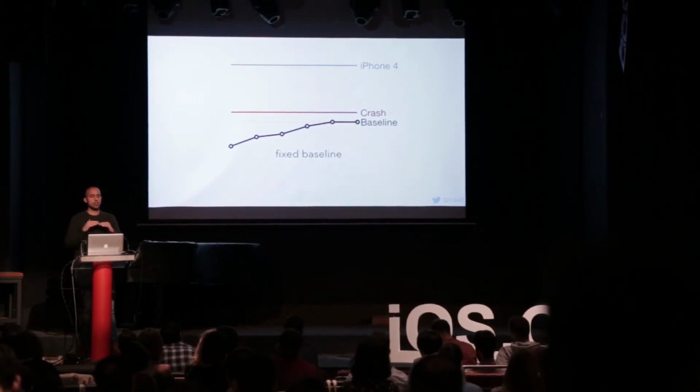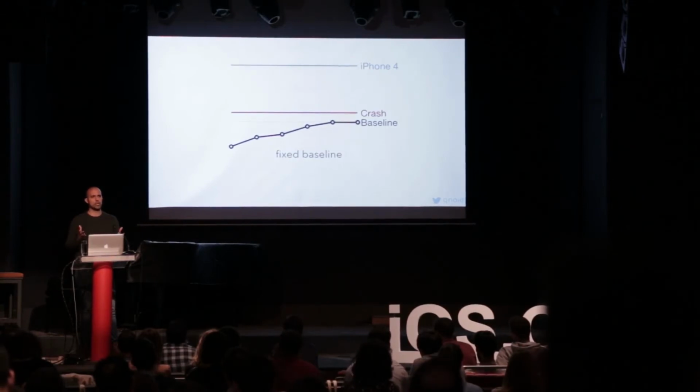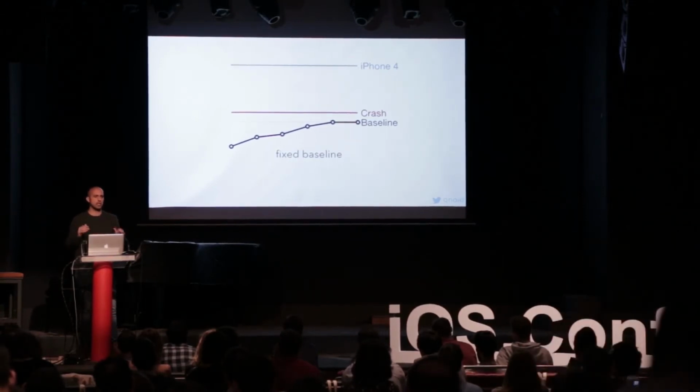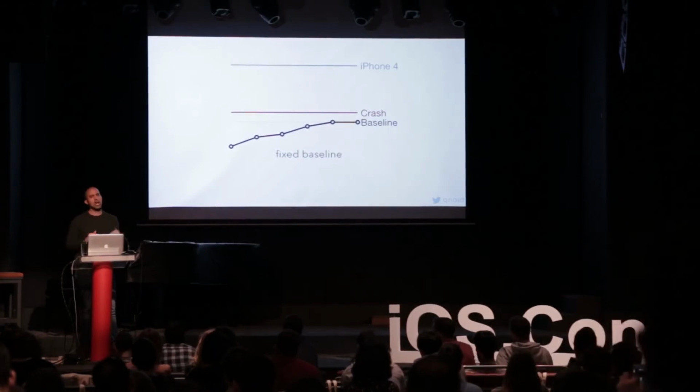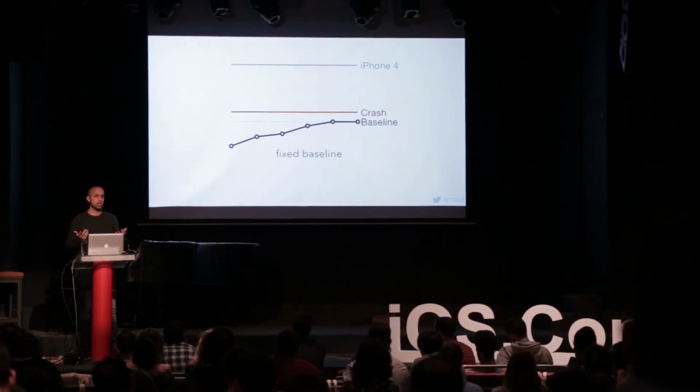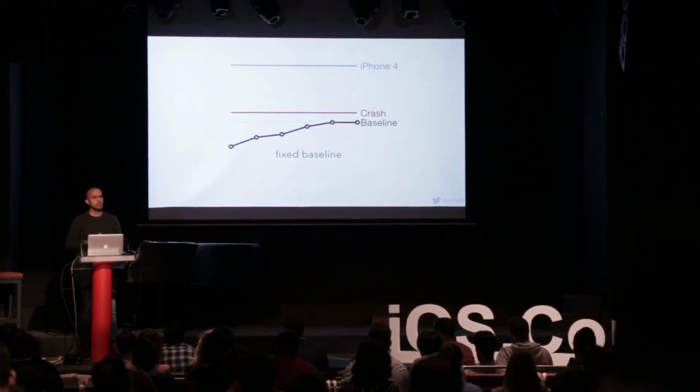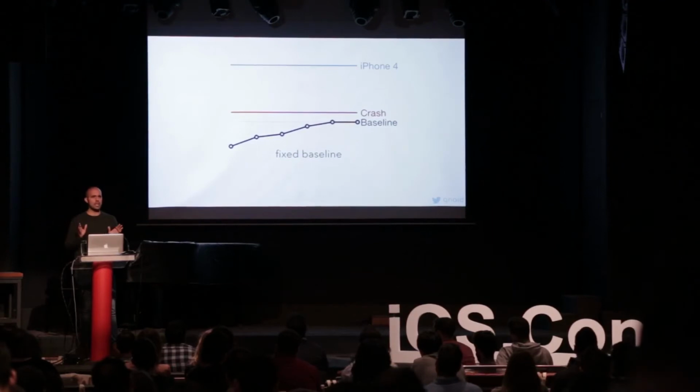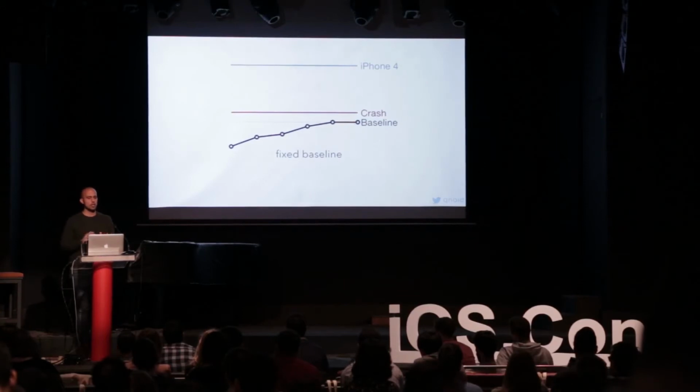In this case, your baseline, you can almost say it's fixed, because it doesn't go up or down. Whatever you've allocated by launching this app, by going to where you want to go with your user and whatever it is that you offer, it's fixed. It won't go up. As long as your baseline obviously is smaller than whatever it would take to cross it, you're safe. You're not good, you're not doing spectacularly, but you're safe. And this will become clear later as well. So this is an app with a fixed baseline.